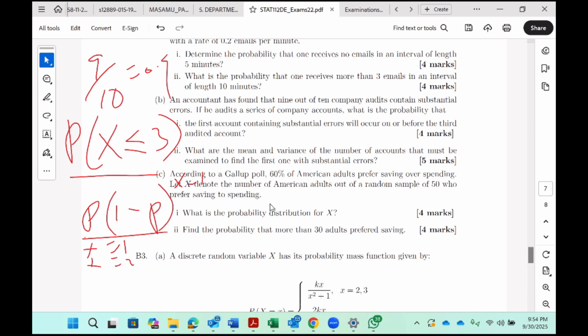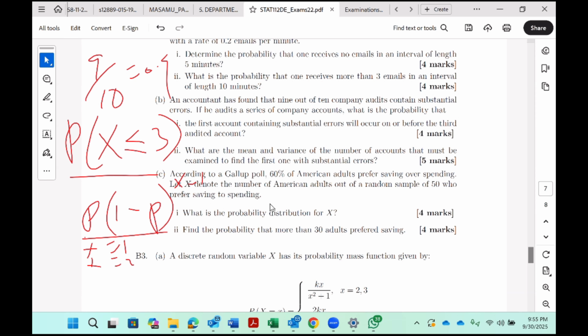Then part 2: what are the mean and variance of the number of accounts that must be examined to find the first one with substantial errors? So we have to find the mean and variance. We know that when x follows a geometric distribution, the mean is 1 over p, and the variance is q over p squared.